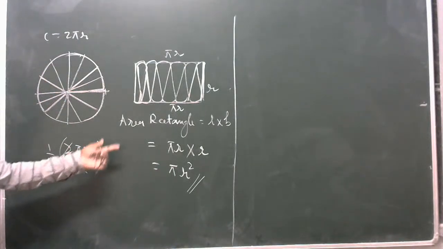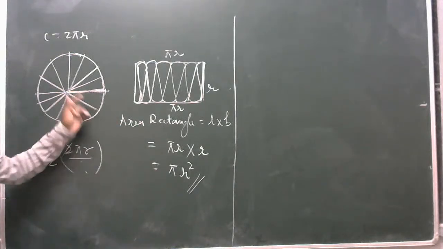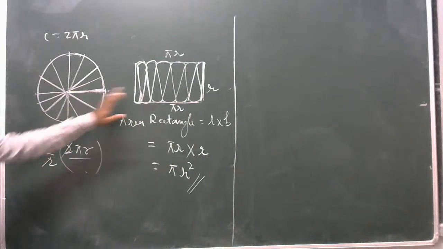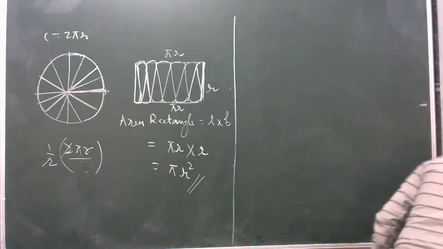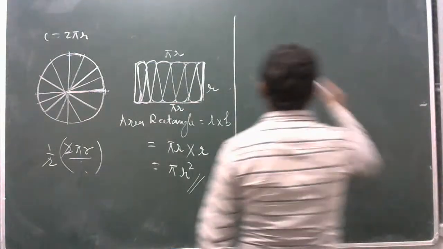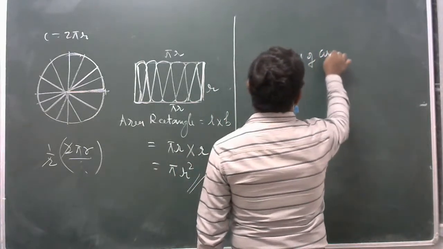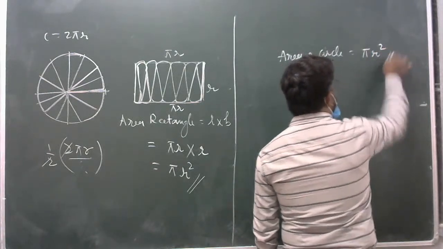This is the area of the rectangle, and that is the area of the circle, because both have the same shape, same pieces we have taken. So we got the formula for the area of a circle, and what is the formula? It is pi r square.